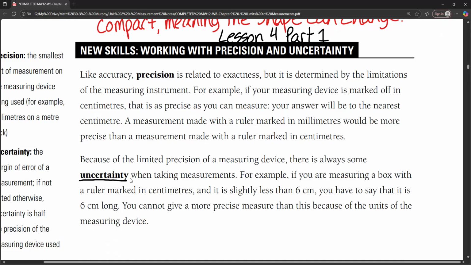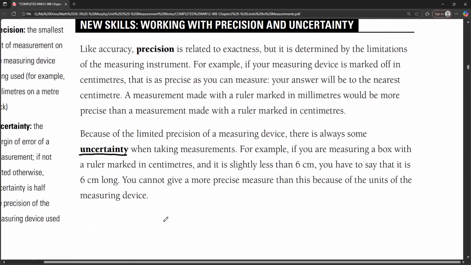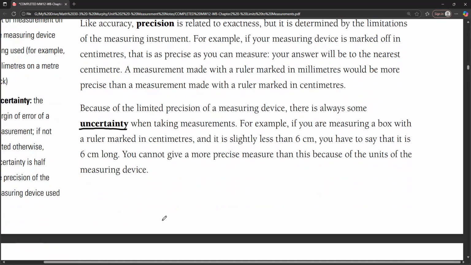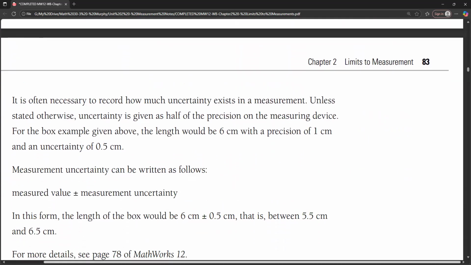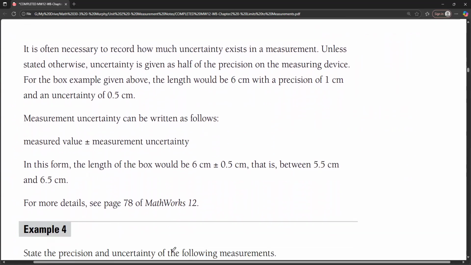Now, to address that problem, you can calculate the uncertainty. It is often necessary to record how much uncertainty exists in a measurement. Unless stated otherwise, uncertainty is given as half of the precision of the measuring device.